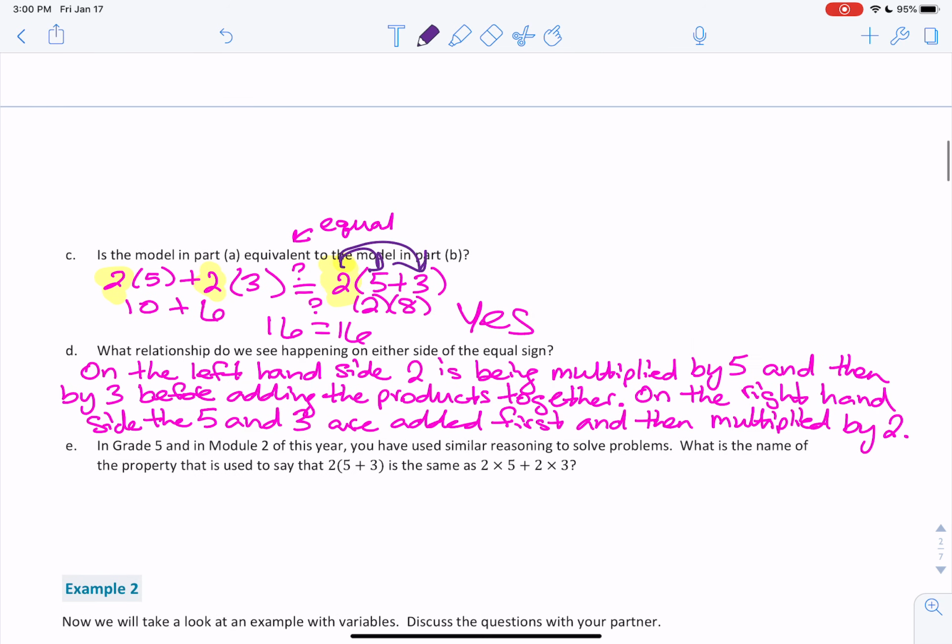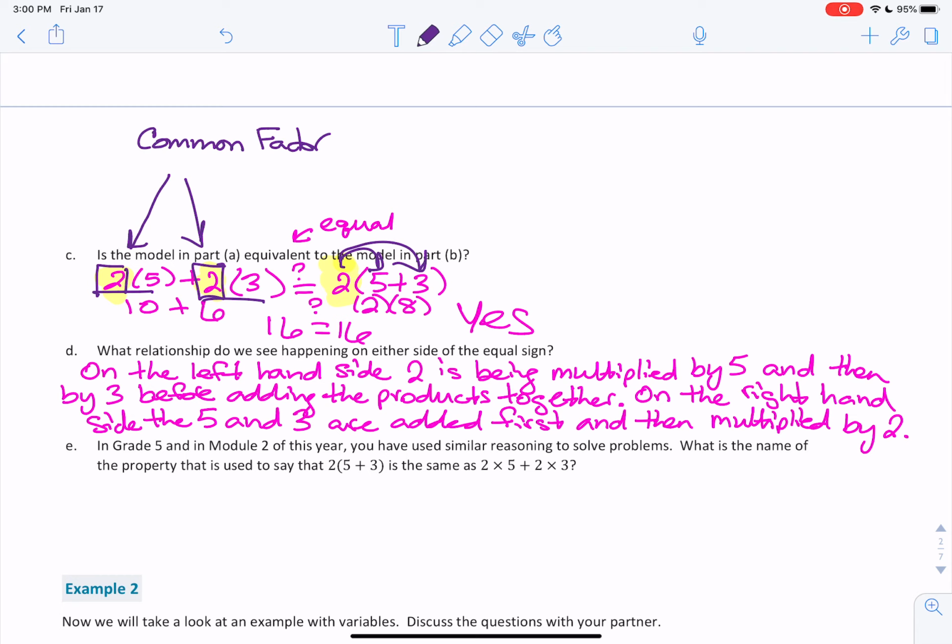So the biggest takeaway I want you to get from this is that we have something called a common factor. And a common factor is a factor that both parts have in common. In this case, it's the 2. Okay?